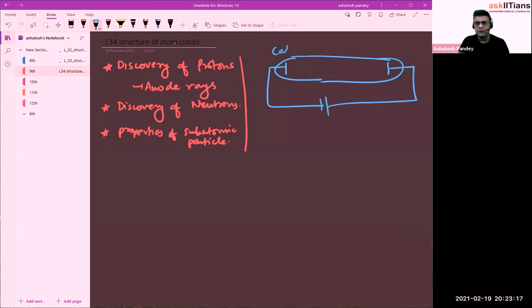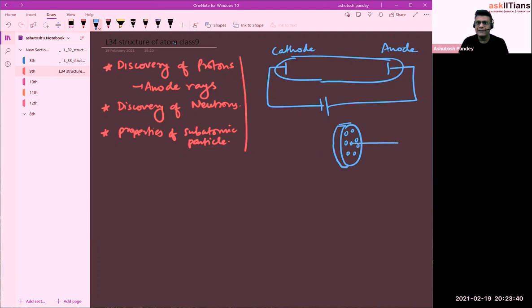If this was the cathode, which we know, and this was the anode, now in place of the anode, we take a plate with holes in it, perforated, like this.